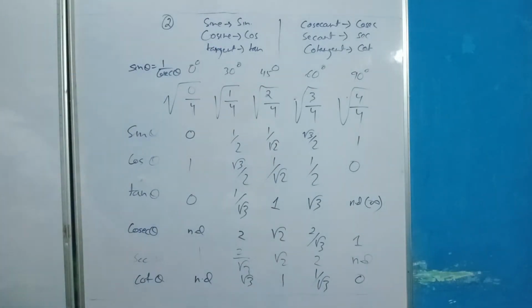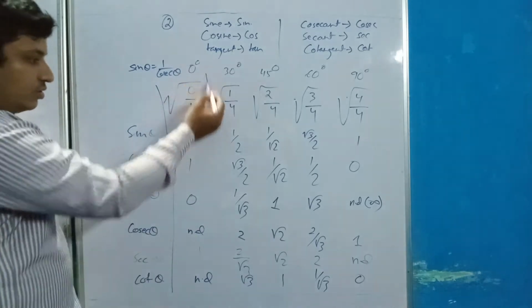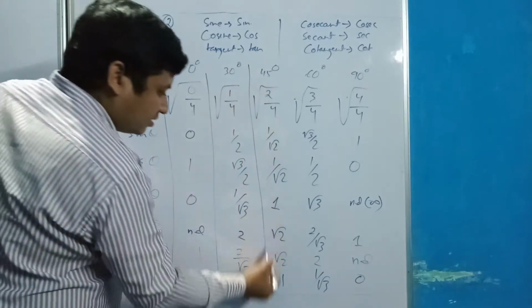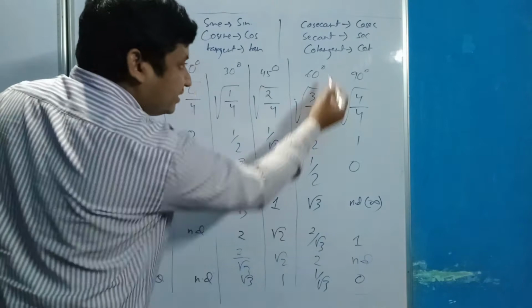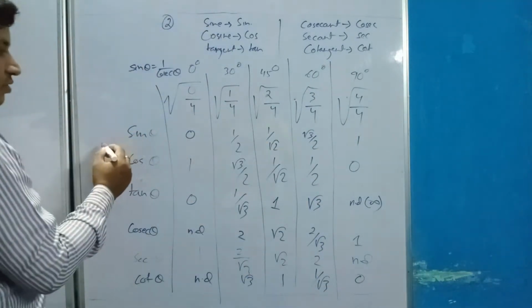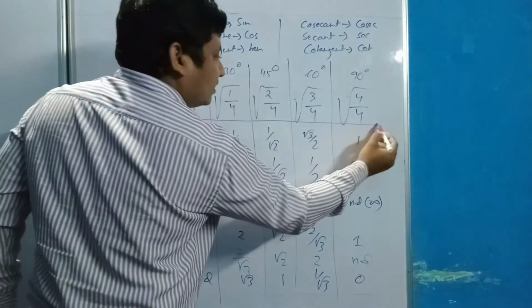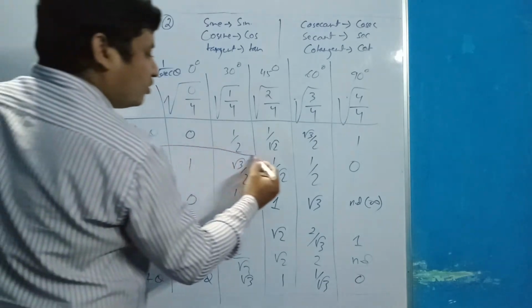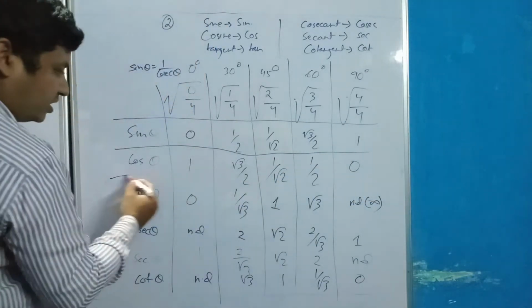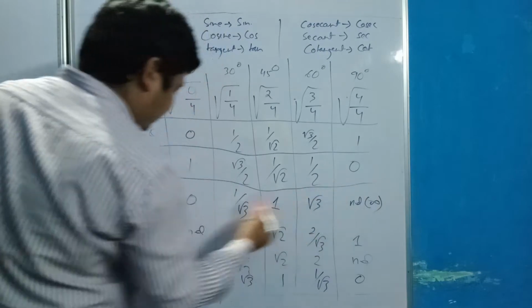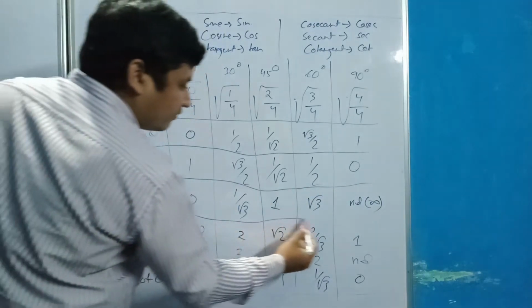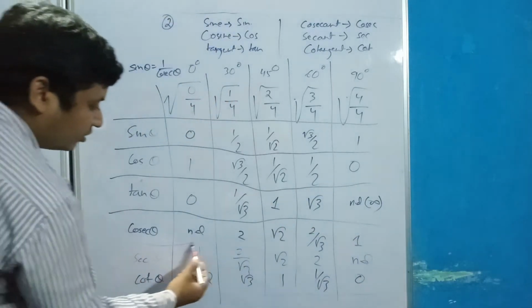This is the full chart of all the trigonometric ratios. So this is the way I suggest you follow these steps and you can always find the values. You need not remember this.